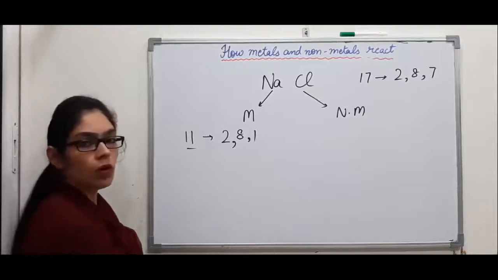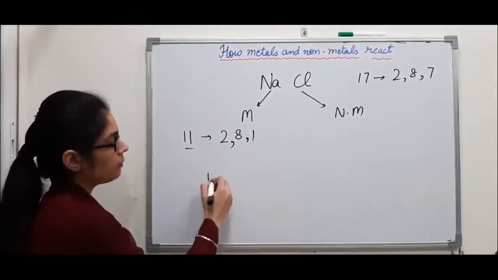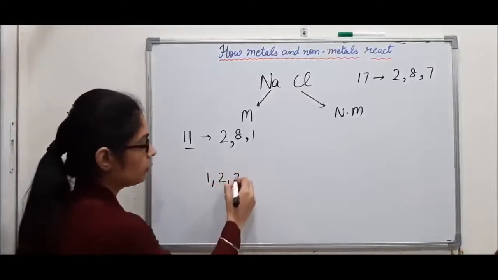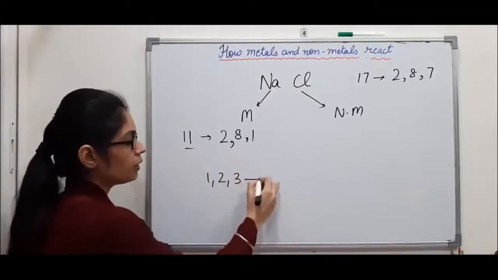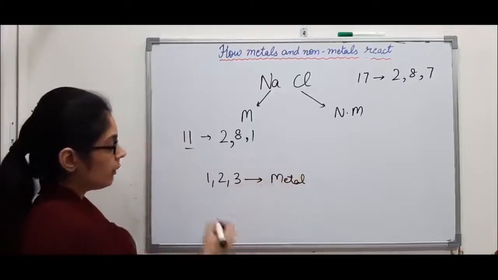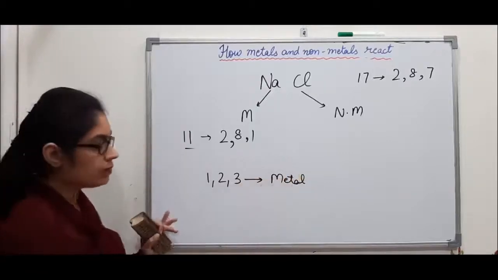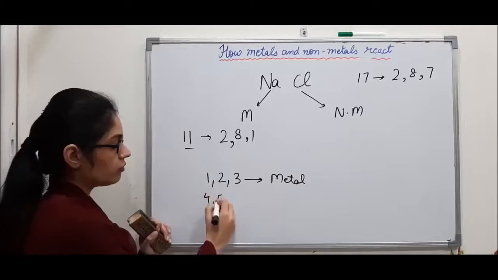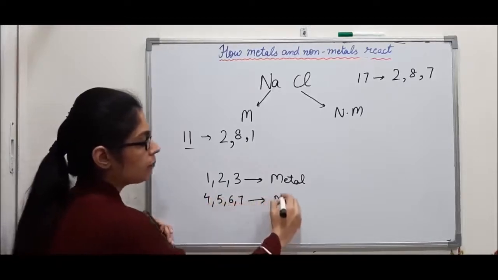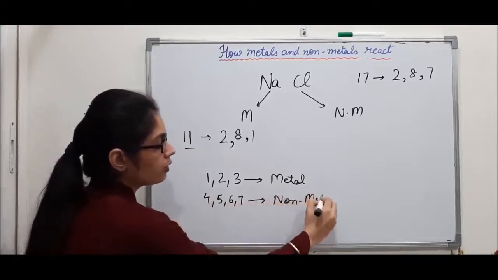From here you can also remember one thing: if number of electrons in outermost shell or valence shell is equal to 1, 2 or 3, that element will be a metal. And if the number of electrons in valence shell is equal to 4, 5, 6 and 7, then that element will be a non-metal.